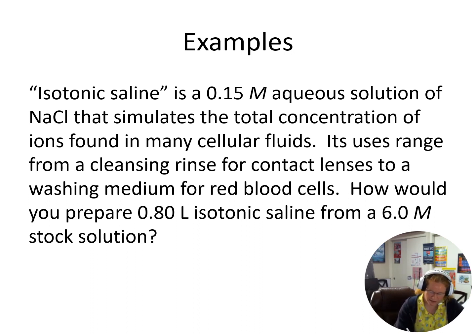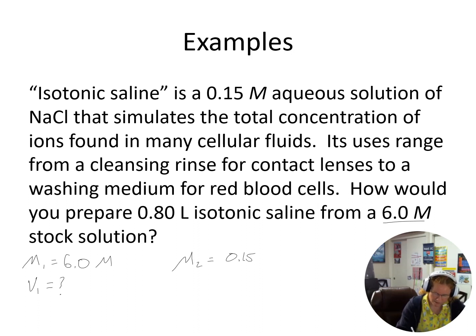So when I do these, I like to define my variables. My M1 is my 6.0 molar stock solution. It's asking how would we prepare it, so we don't know how much of that stock we need. Our target is the 0.15 molar, and our target volume is the 0.8 liters.